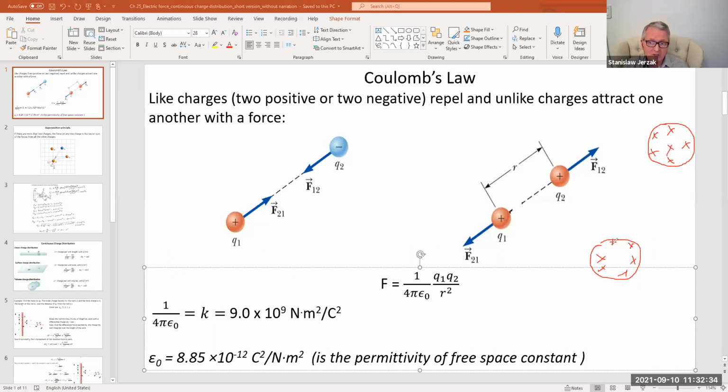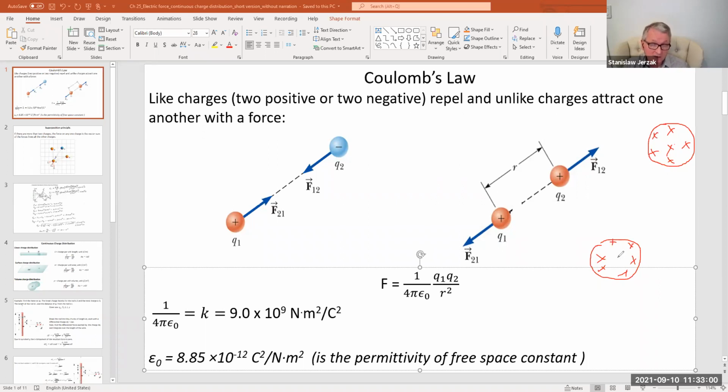So this charge acts on this one, and also acts on all charges on that sphere. So it is not a trivial thing to prove that if the charge is spherically distributed, we can use Coulomb's law, where Q1, Q2 would be the total charge on this sphere and on this sphere, and distance would be from the center of the sphere to the center of the sphere.